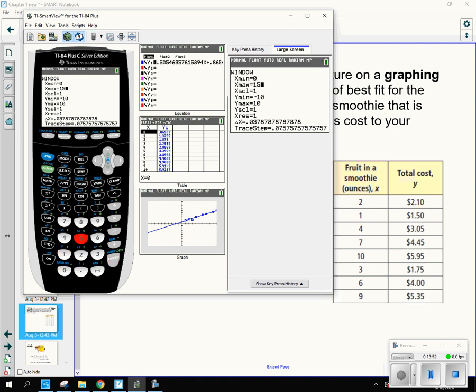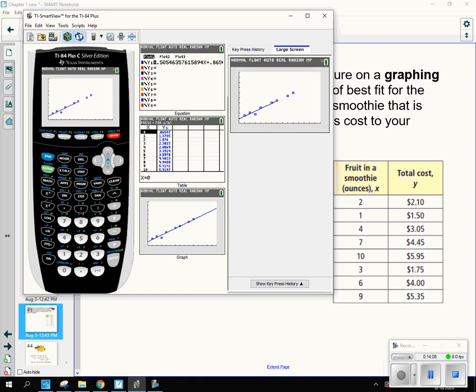So the x values of my smoothies went from 0 to 15. And the y values, let's go from 0 to, let's go 10. Hit graph. Notice, it made a scatter plot and drew in my line of best fit.